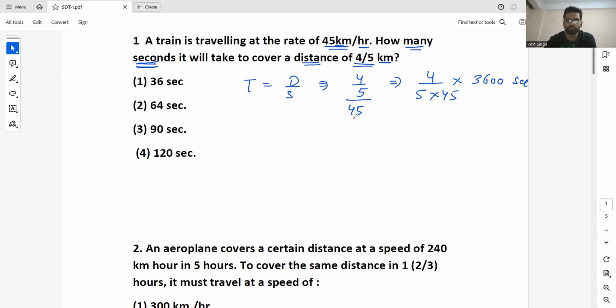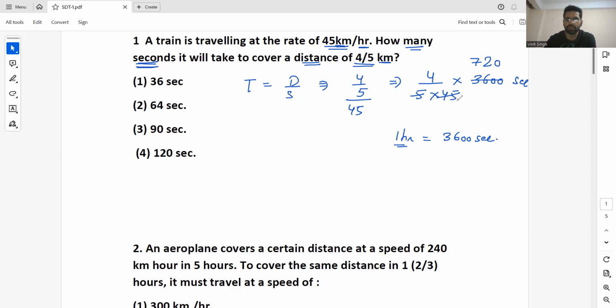We know that 1 hour is equal to 3600 seconds. So we will multiply by 3600. Now we will solve. After dividing by 5, 735, 1, 2, 0.